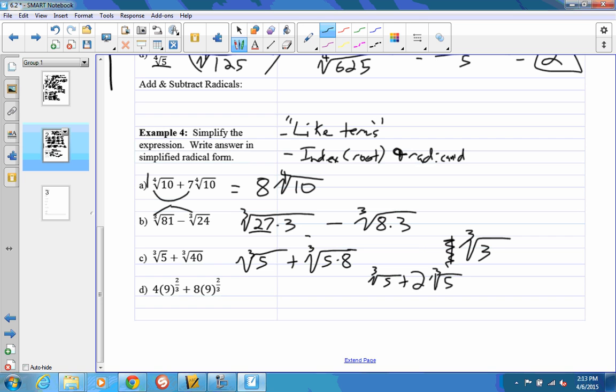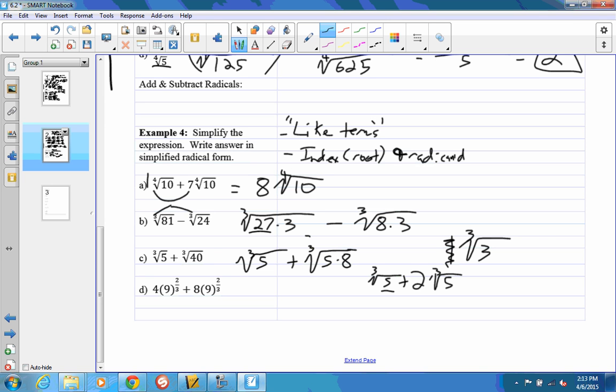Colton, then what? This is kind of all we're doing, guys. Gotta add 2 and 1. Colton, are my radicands the same?